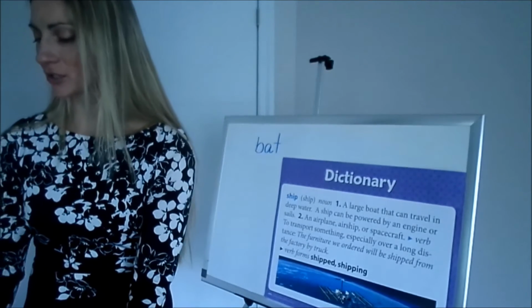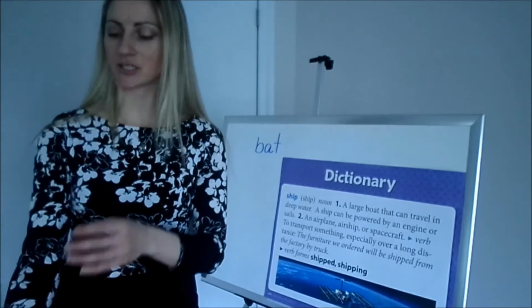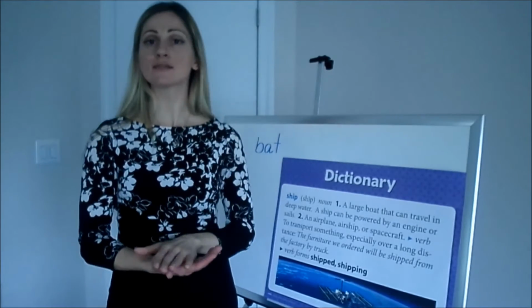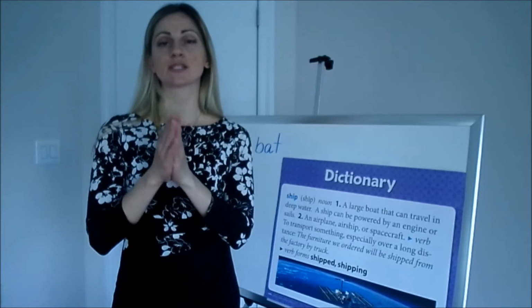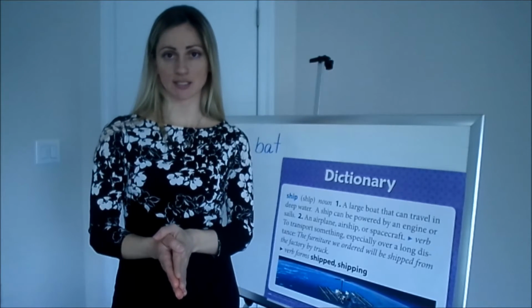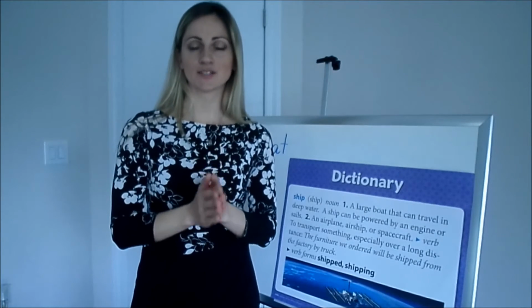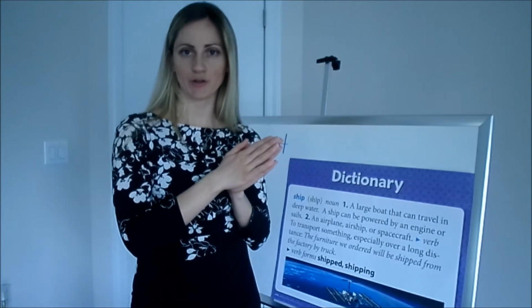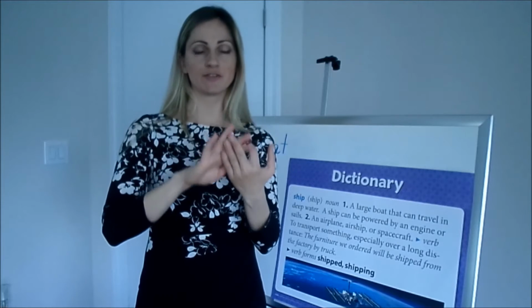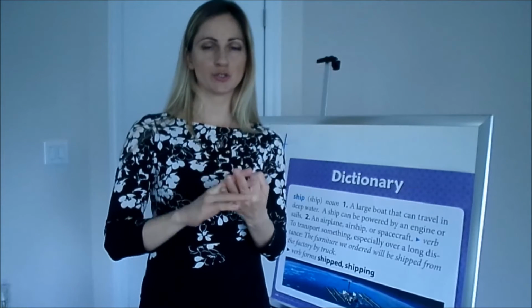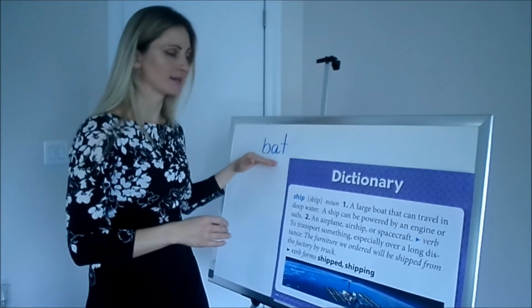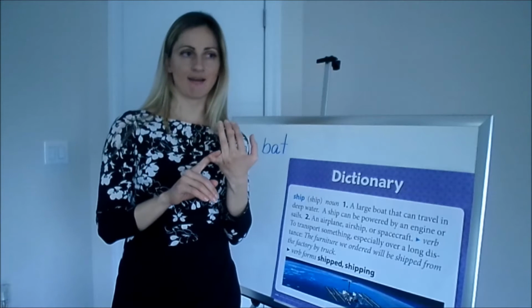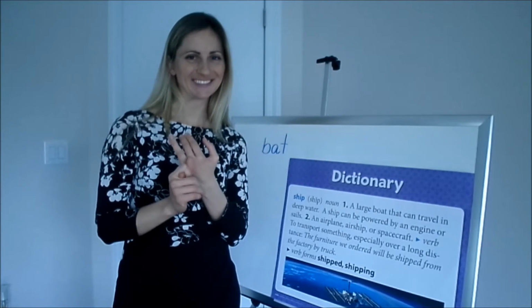What's great about a good dictionary is that it will actually also give you sentences with those words used in a good sentence. For example, if I told you, James swung the bat and hit the ball, which of those definitions would you know the word bat is? Is it a little flying mammal?